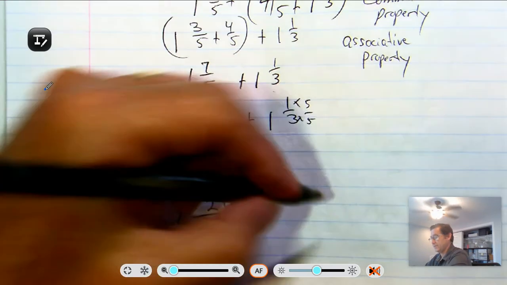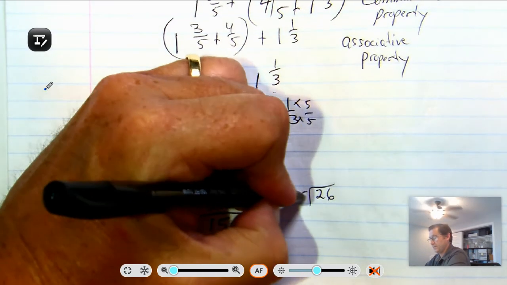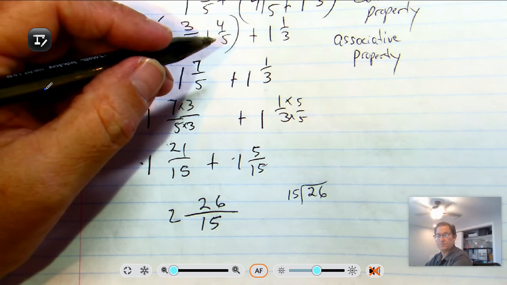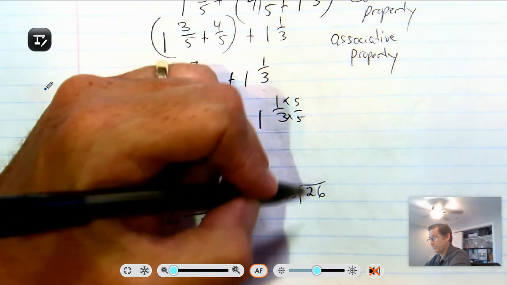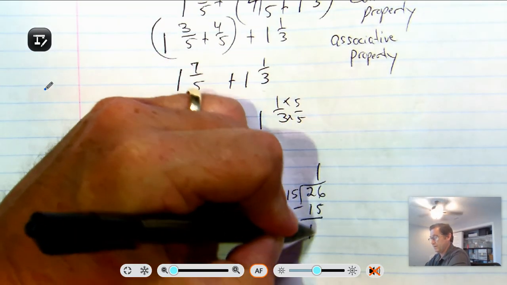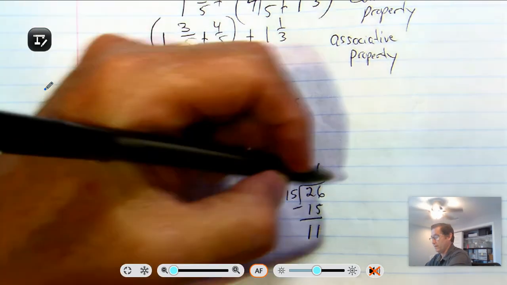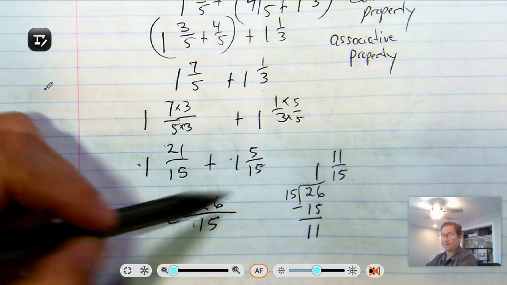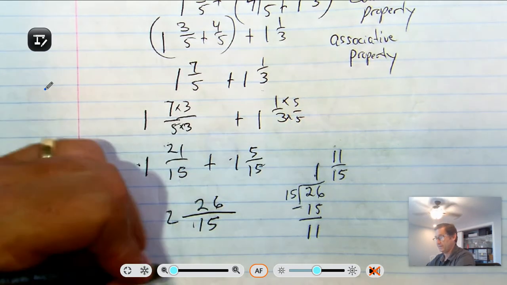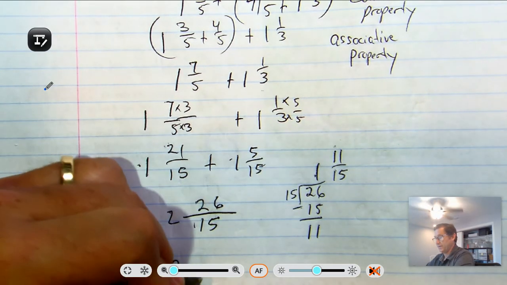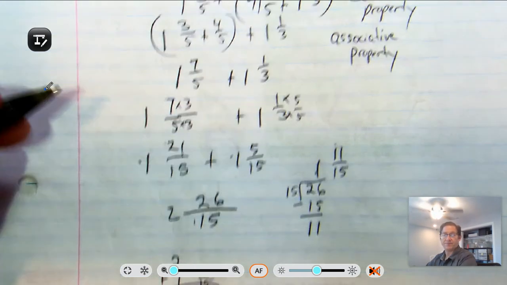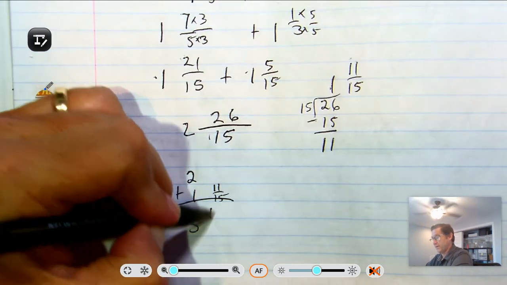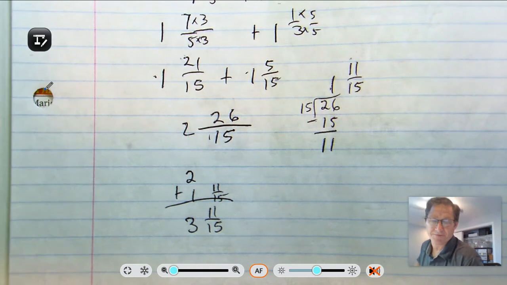Well, you can't leave 26/15. So let's change that to a mixed number. And we're going to subtract. We get left with 11. So 26/15 is the same as 1 and 11/15. So 2 plus 1 and 11/15 is 3 and 11/15.